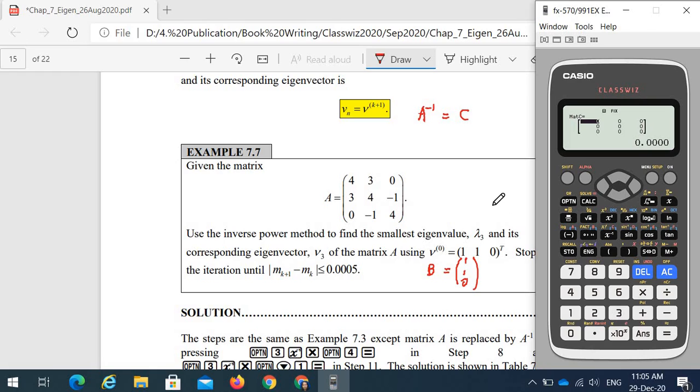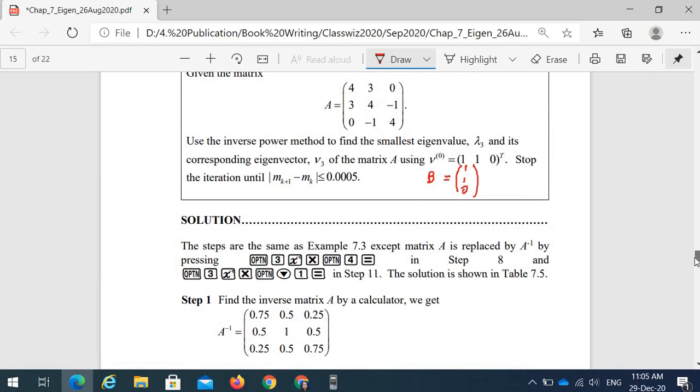I'm going to keep the inverse matrix in the matrix C.